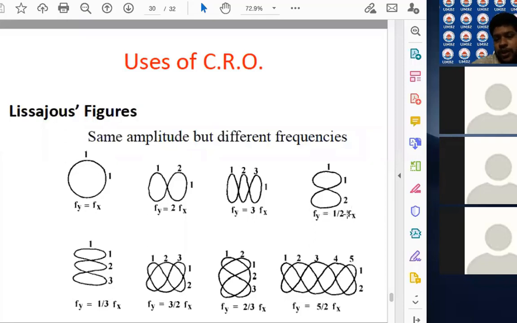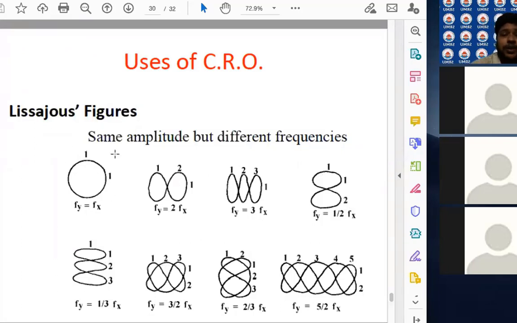So जो Fx का frequency मतलब frequency of signal applied on X plate is 2 times the frequency applied on Y plate. Then we have 2 loops, but these loops are vertical. And it is 1 by 3, 3 by 2, 2 by 3. There are a lot of combinations shown, and this kind of patterns are called Lissajous figures.